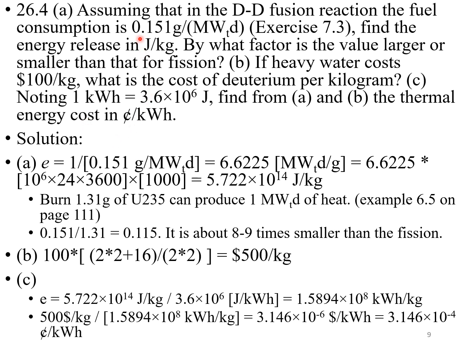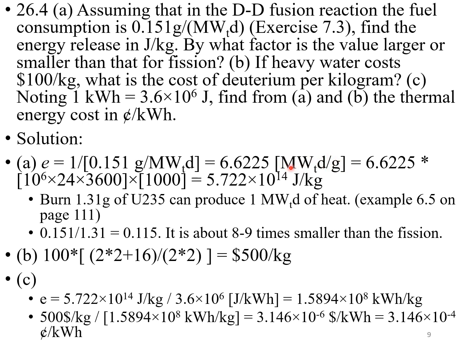First, we just need to do some unit conversion. Here we have gram per unit of energy, and we want it converted to energy per unit of mass. So we just take the reciprocal of this value, 1 over 0.151 gram per megawatt day. Then we get this value, in megawatt day per gram.